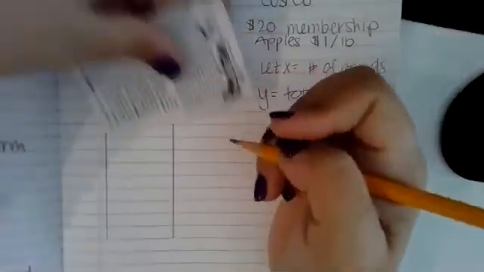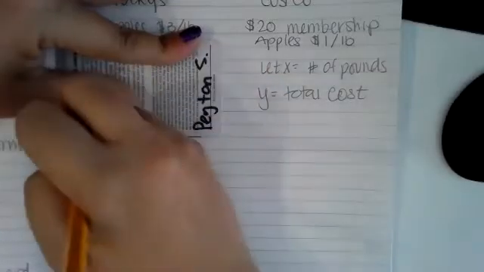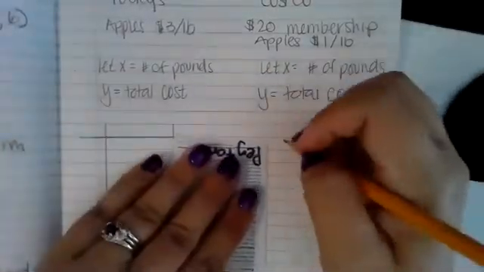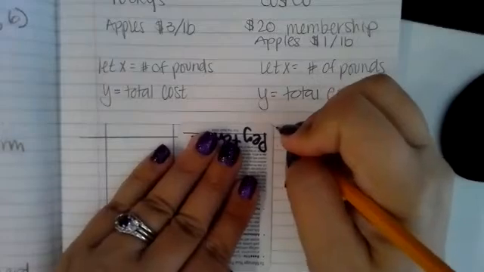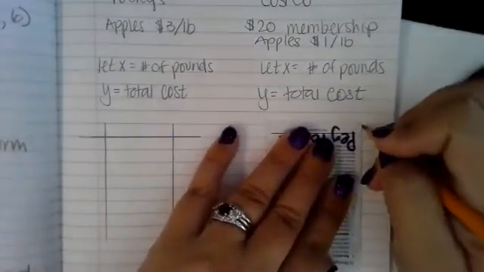One for the input, one for the output, and then one is going to be where the math happens. And then we're also going to need to come up with an equation for each one of these situations.